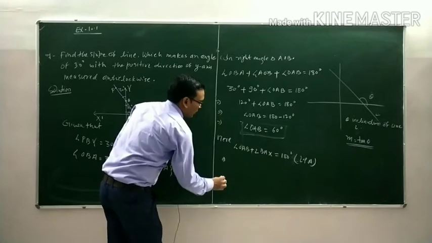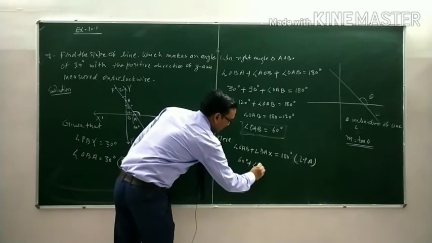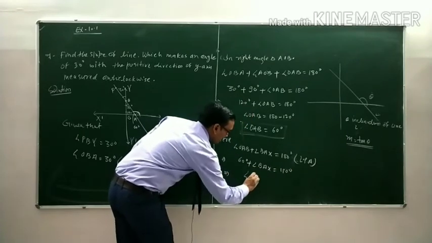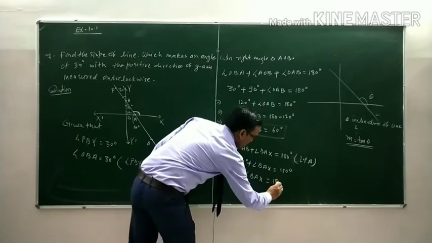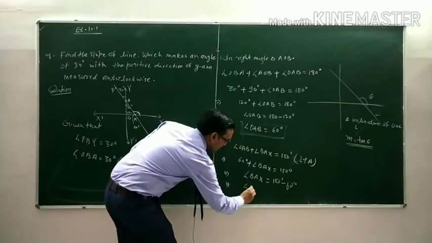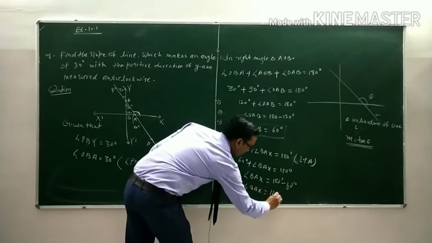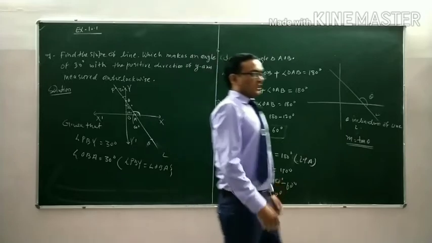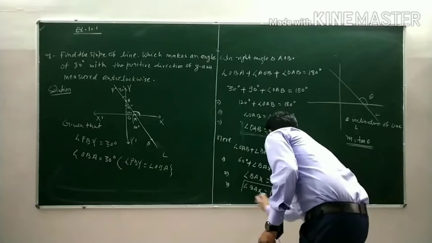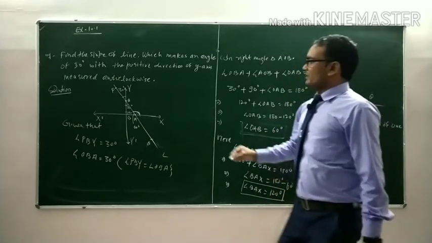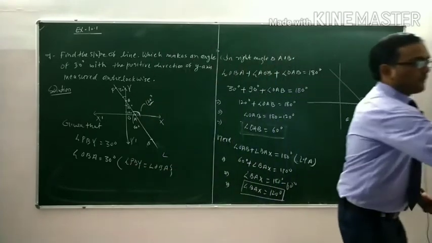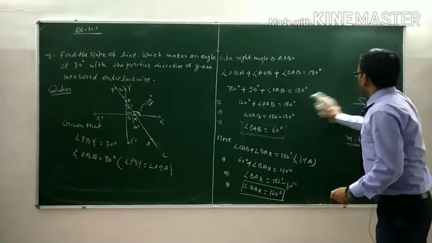Here angle OAB equal to 60 degree, so angle BAX equal to 180 degree minus 60. This implies that angle BAX equal to 120 degree. Here we find the inclination of the line is 120 degree. Okay students, here we find the value of theta is 120.